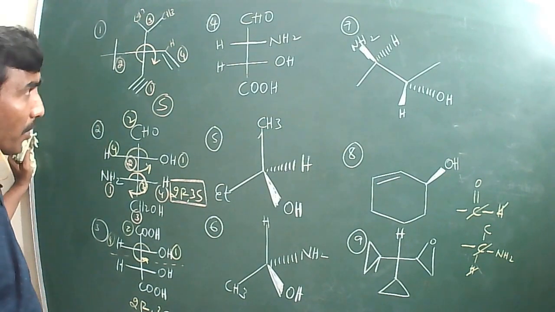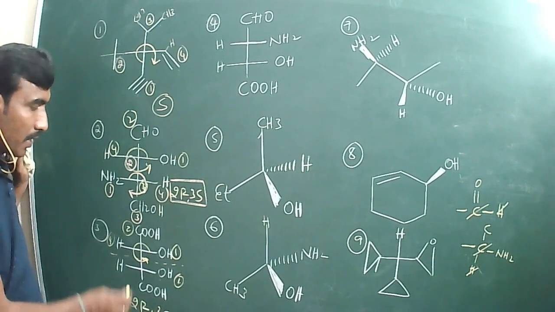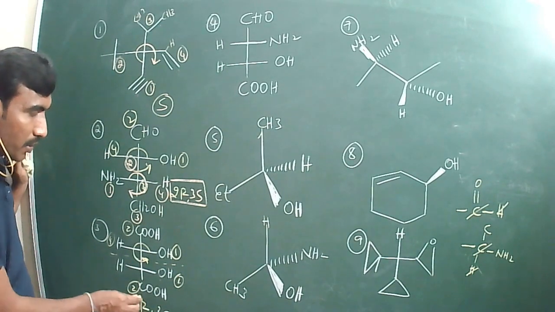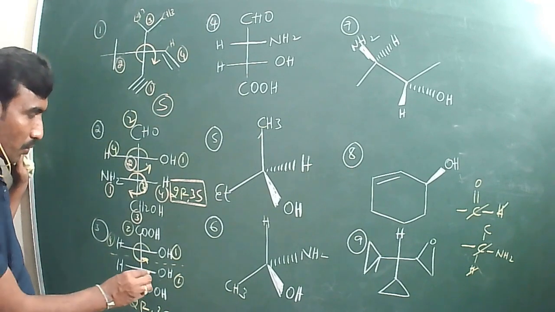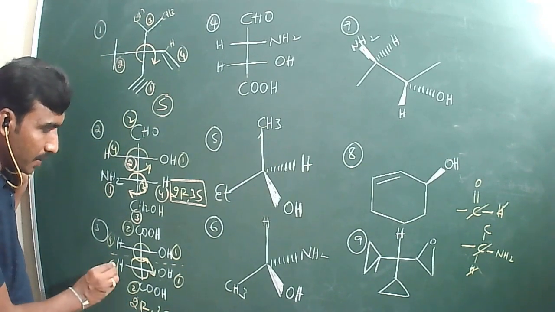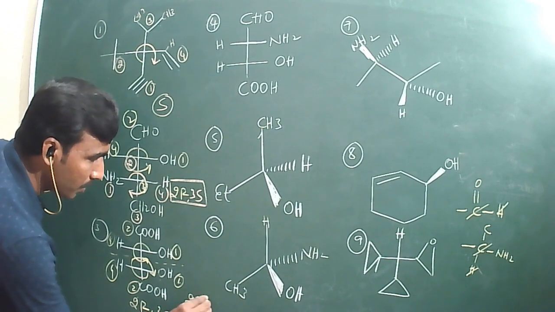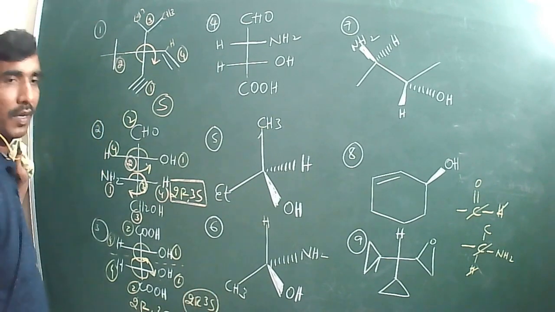If you want, you do it. First priority should be given to this oxygen, second priority should be given to this oxygen, third this one. So 1 to 2, 2 to 3 clockwise, but the least priority is again on horizontal line. So 3S. It is what? 2R 3S. Understood, all of you?